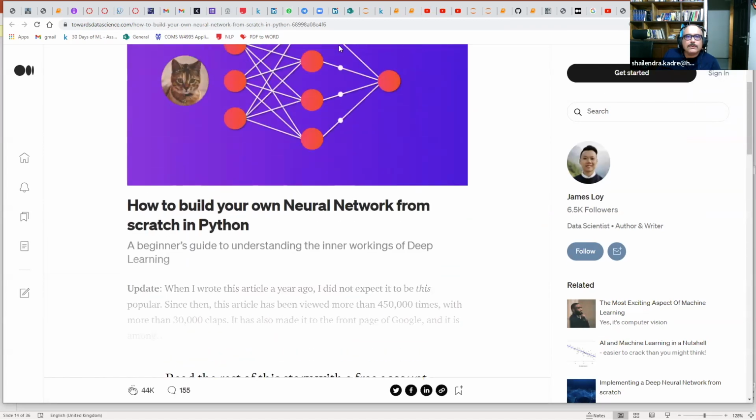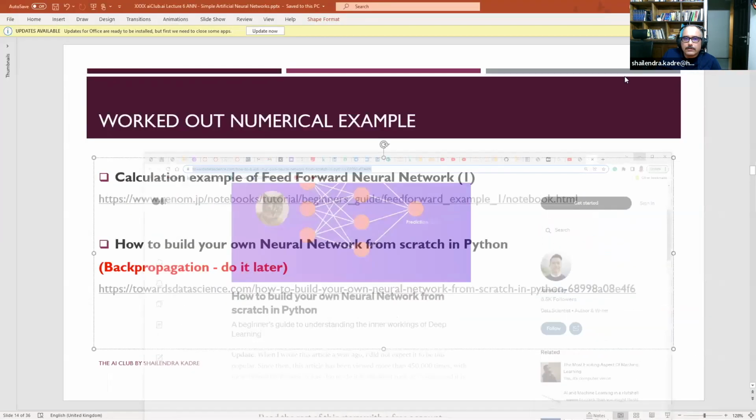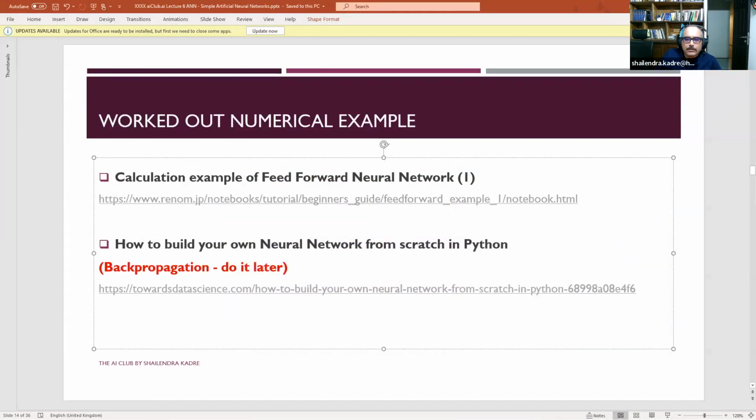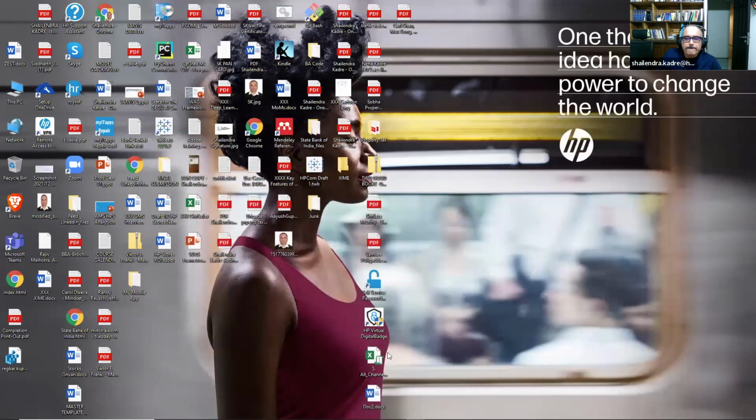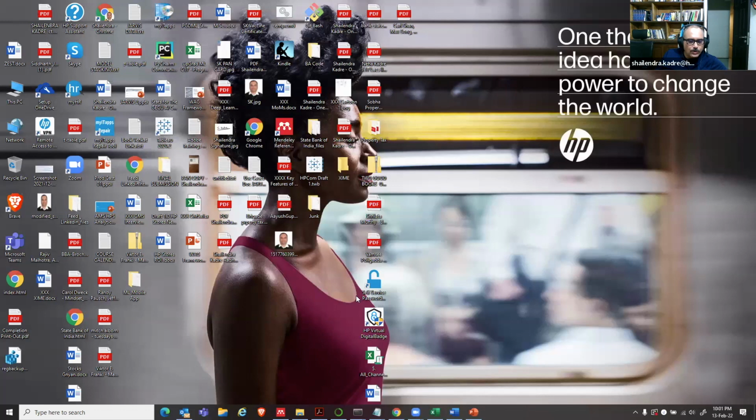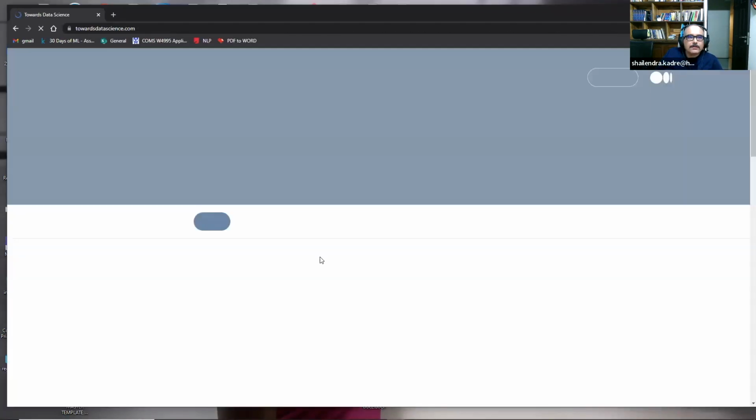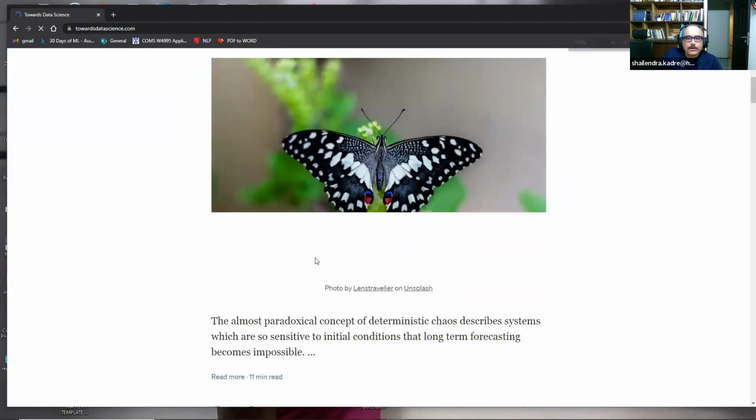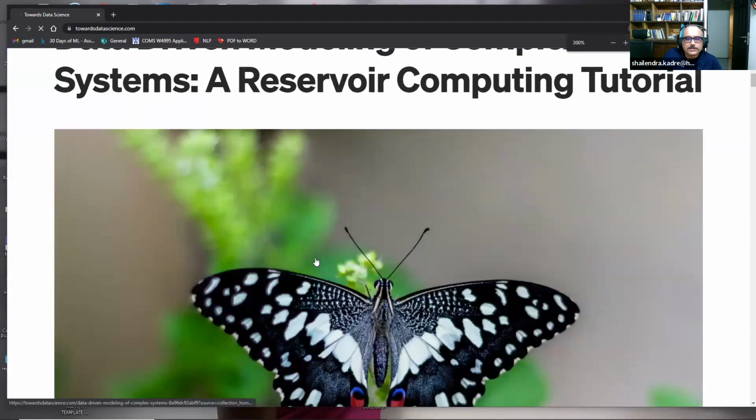Oh, so I have to open it in incognito mode. So we go to incognito mode and it opens for us.